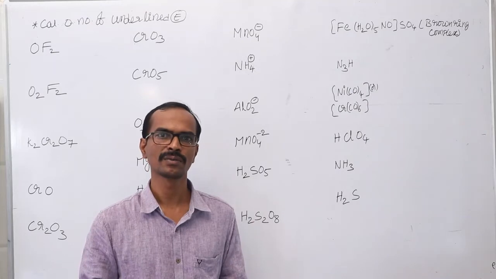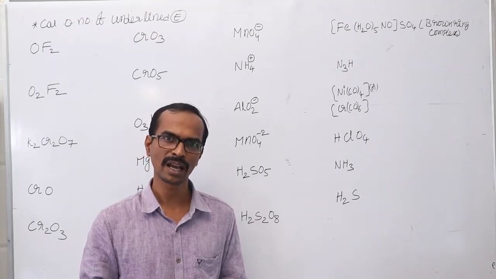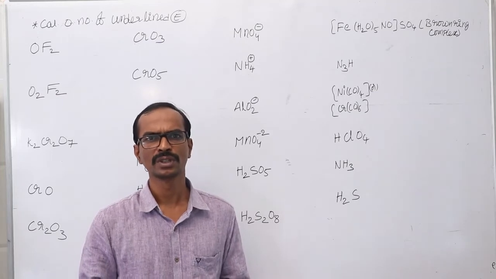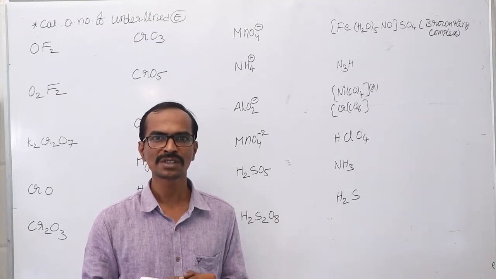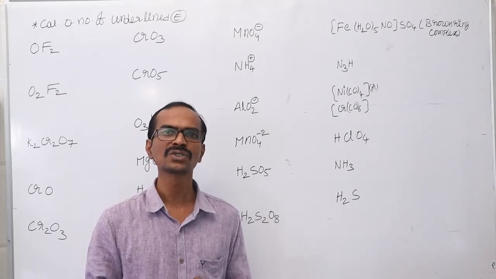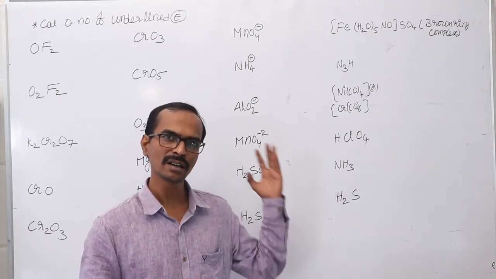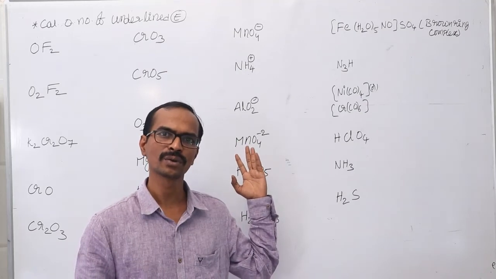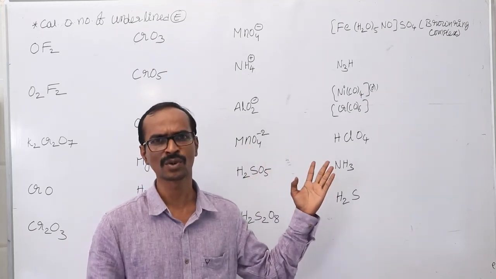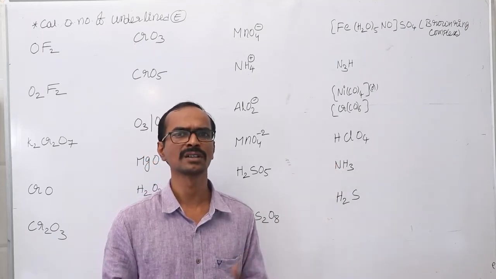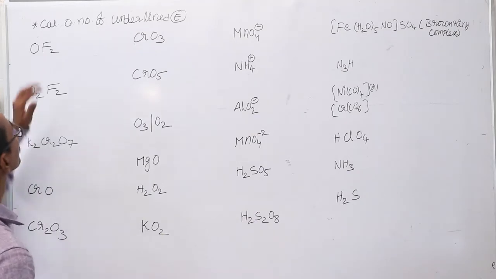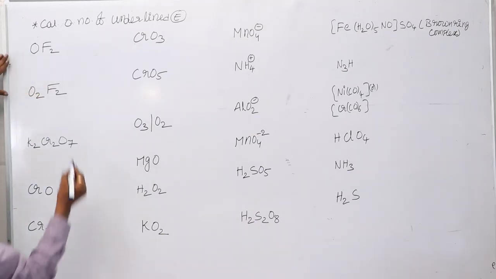While calculating the oxidation number, the element whose oxidation number we have to identify is taken as X. In this video, I am going to explain different examples also. Please practice them carefully. Here, the OF2 molecule is given.